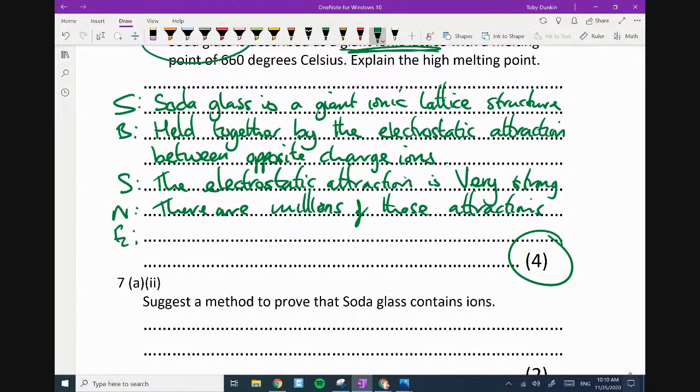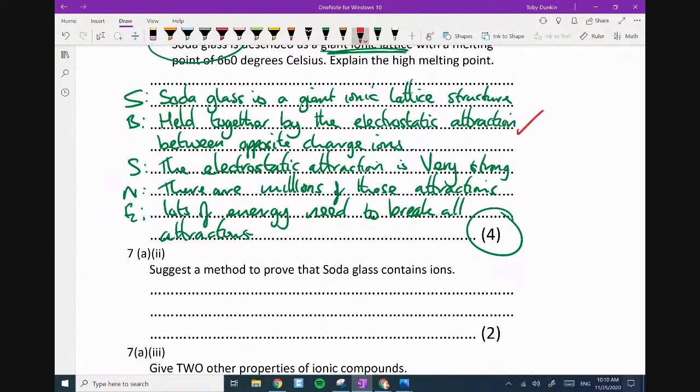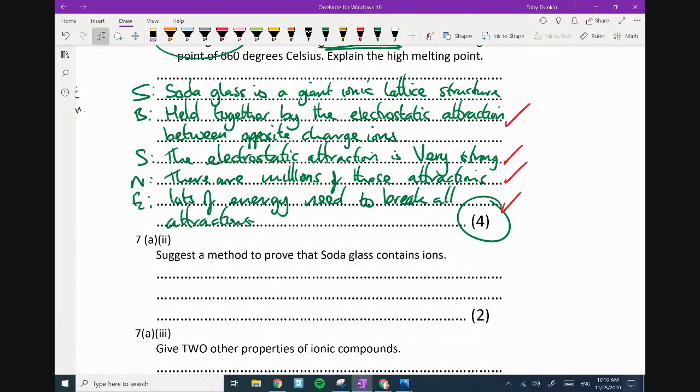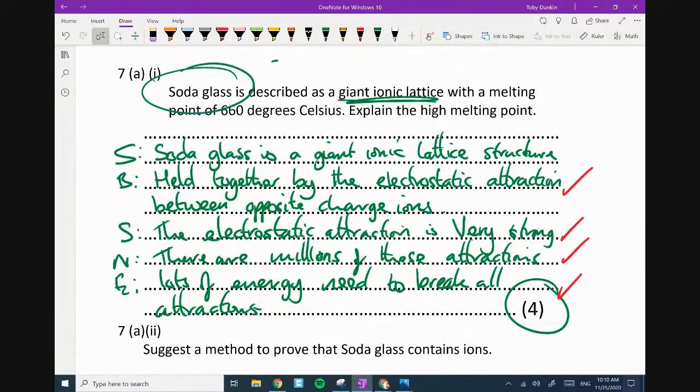Lots of energy needed to break all attractions. We're done. 4 marks. 1, 2, 3, 4. Boom. Thank you very much. We don't get one for the first one because they had already told it to us. Oh, rather clever. I like that. It's a really nice question.